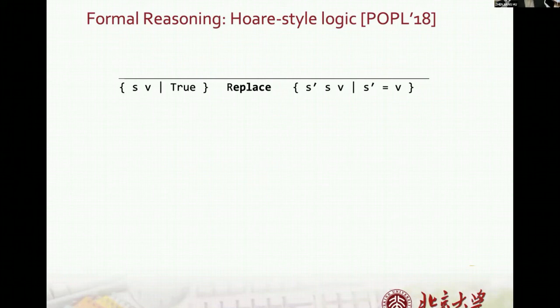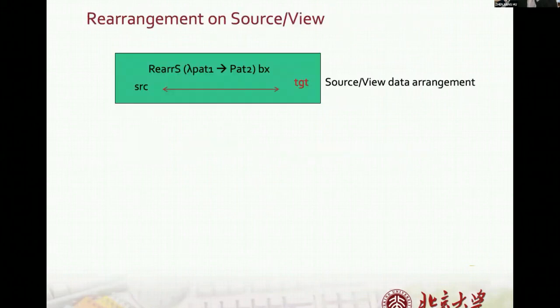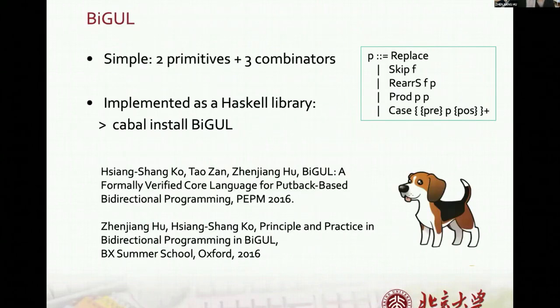Right. So replace. Actually there are some tricky parts. So let me see this one. It's not just equivalent. These are four things. Replace can only do equivalent things because they're basically the same thing and do not lose information. Skip doesn't allow any change, but this is not so interesting. But actually there is one hidden here called rearrange.